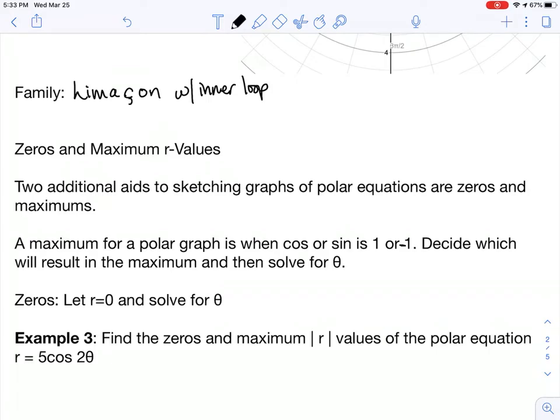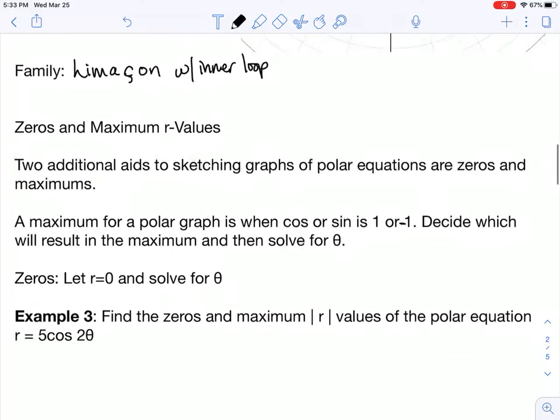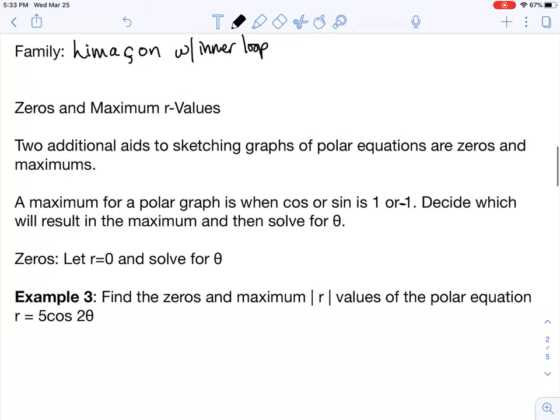You just have to think about which one's going to be the maximum. Like our last one, the maximum was 3 because it was 1 minus 2 sine theta instead of 1 plus 2 sine theta. And r, for zeros, you just make r equals 0 and solve.